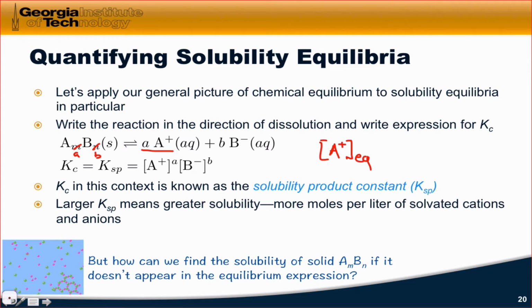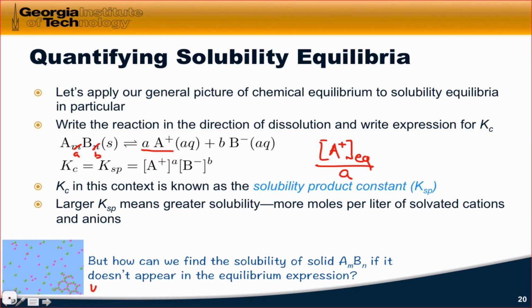That means that the number of moles of AaBb that must have dissolved is that equilibrium concentration divided by the stoichiometric coefficient. Say, for example, we were thinking about lithium phosphate here. Since 3 lithiums come from each lithium phosphate molecule, the number of moles of lithium phosphate per liter of solution that dissolved would just be the concentration of Li plus divided by 3.